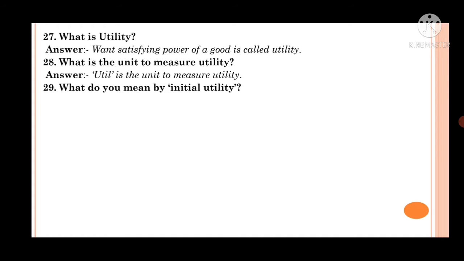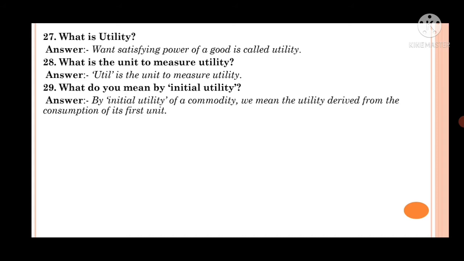Question number 29, what do you mean by initial utility? The answer is, by initial utility of a commodity, we mean the utility derived from the consumption of its first unit. So what is initial utility? Initial utility means the utility of the first unit of the commodity, right? Then go to question number 30.